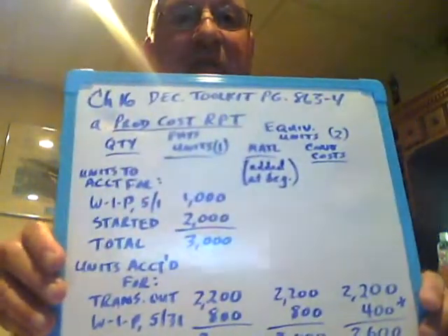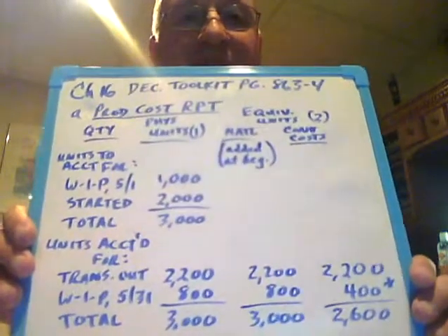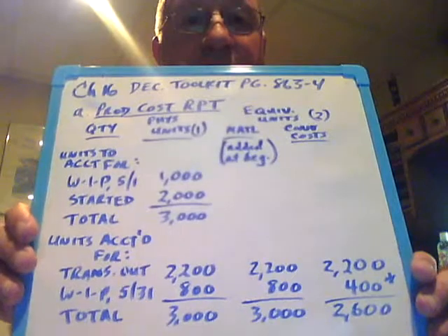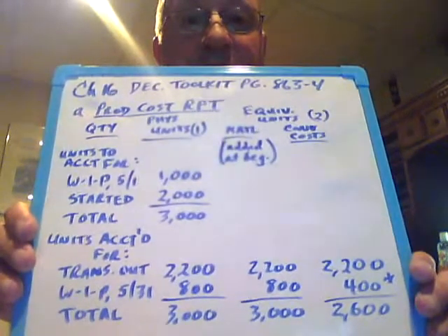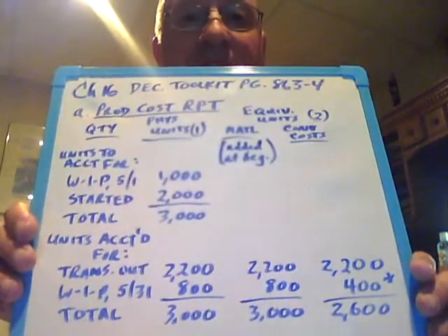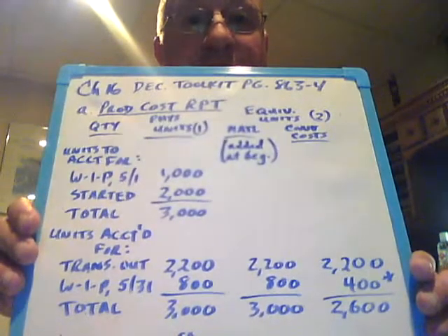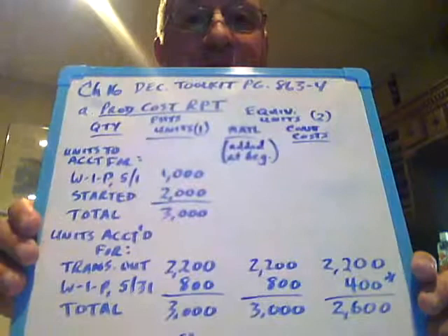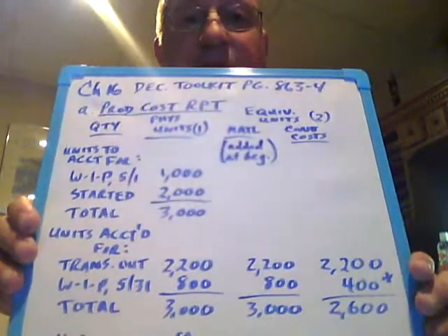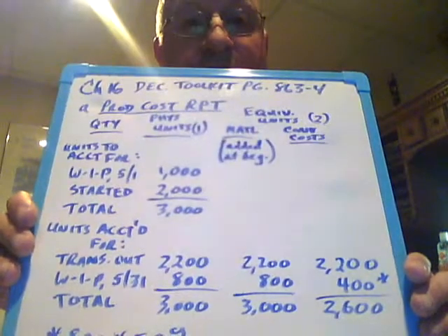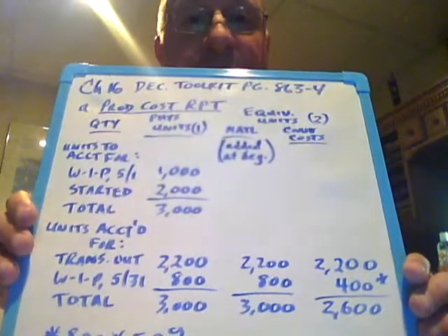And then we had an ending work in process inventory of 800 units. So again, this is all information that was provided to us, and obviously 2,200 plus 800 adds to the same 3,000. So at month end, we've got 2,200 transferred out, we've got 800 left in work in process, so that still is 3,000 units that we have accounted for.